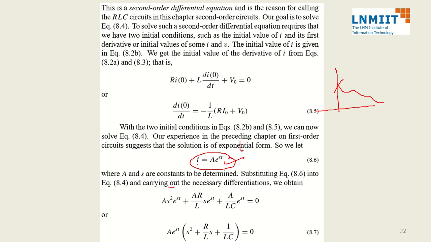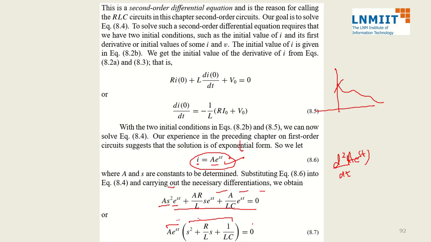When I replace I equal to A e raised to power st, then d square I by dt square becomes A into S square e raised to power st. A e raised to power st is common, and I get S square plus R by L S plus 1 by LC.